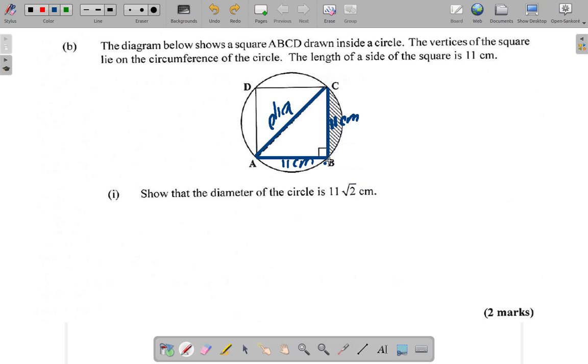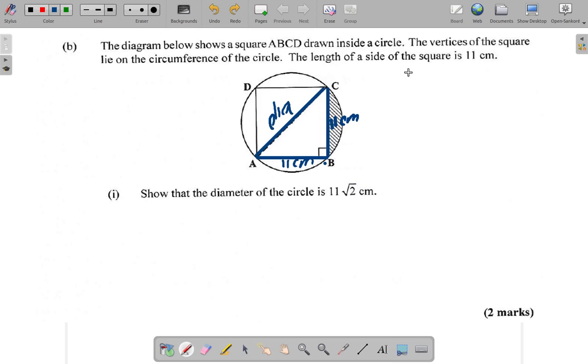You know what you're supposed to do here, right? When you tried it, were you able to show this? What method did you use? Let's use the Pythagoras Theorem. Here, AC, the diameter, is the hypotenuse.